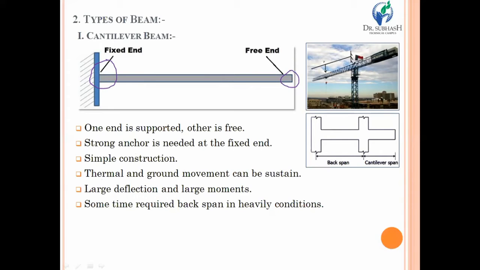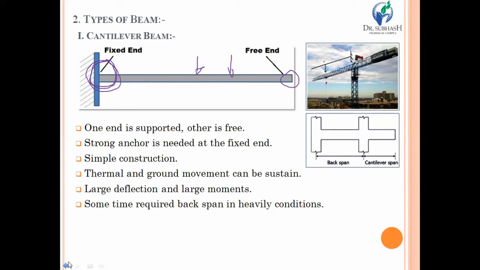Since only one support is provided and the other end is free to move, this support requires robust construction. That means the support should have the maximum strength in order to sustain all the forces acting over the span of the beam. This is the primary requirement of a cantilever beam.